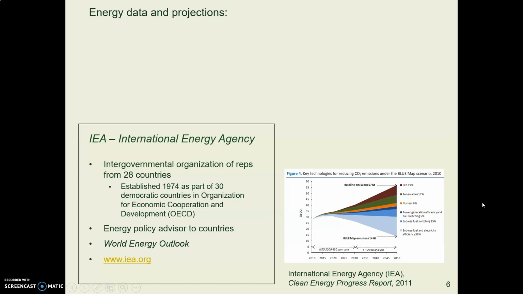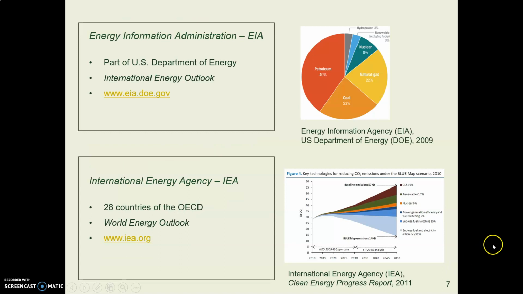It too produces an annual massive report. It's called the World Energy Outlook. And this report also is free. You can go download the whole report or any part of it you want, and all these wonderful colored graphics are available for free also. So here they are side by side, or one above the other.